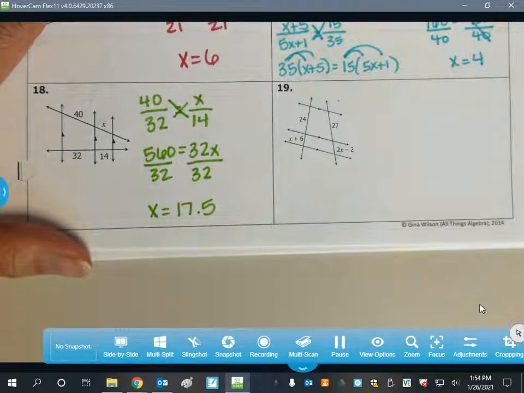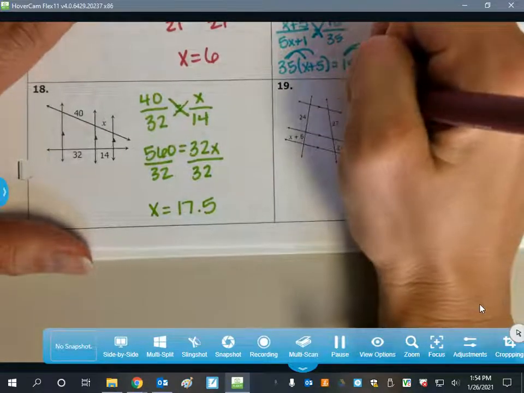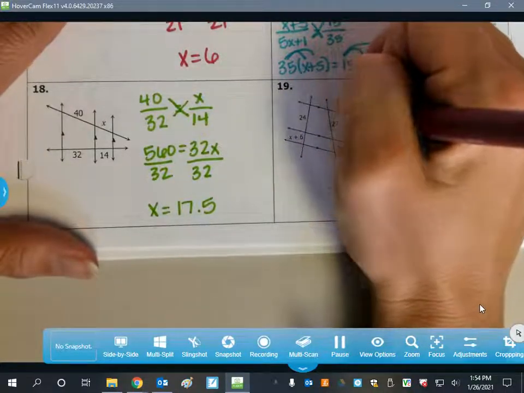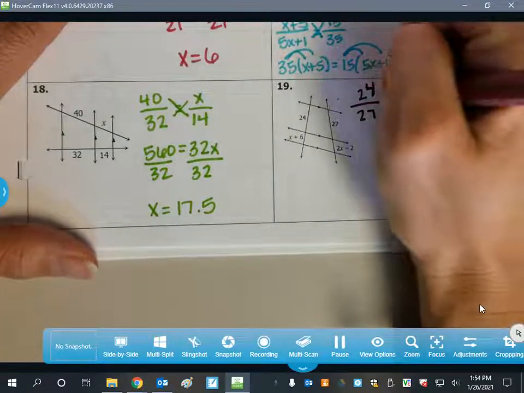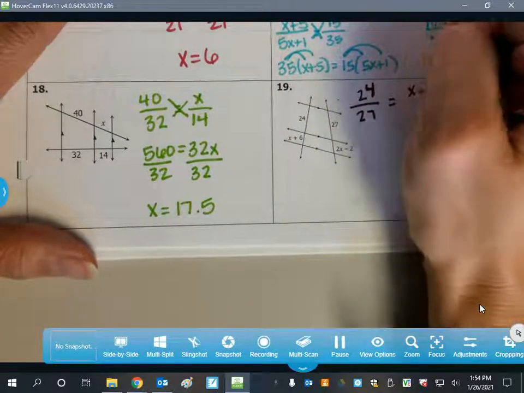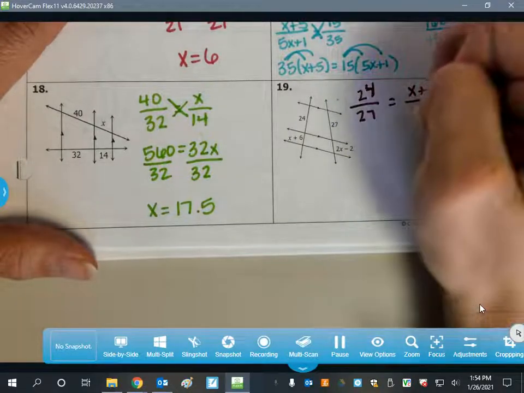All right, let's do this again in number 19. Set up your proportion and solve. So 24 over 27 equals x plus 6 over 2x minus 2.